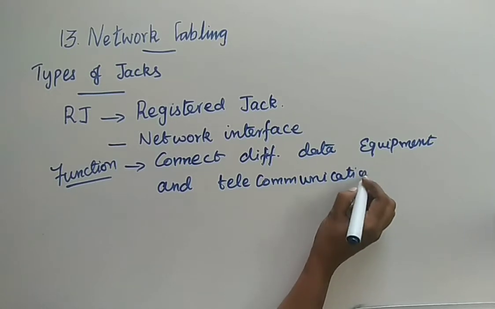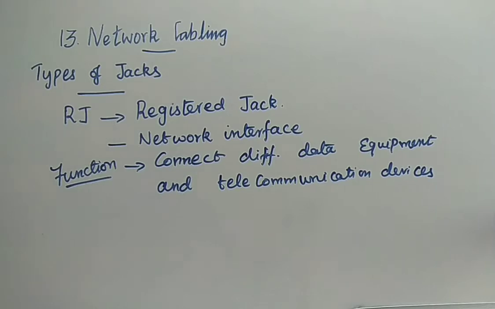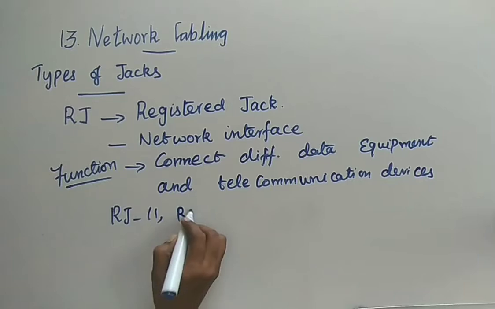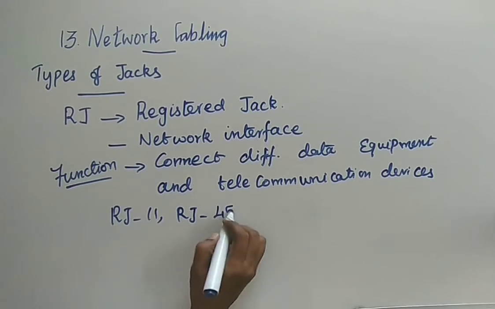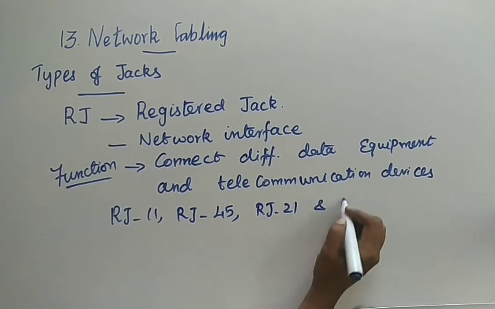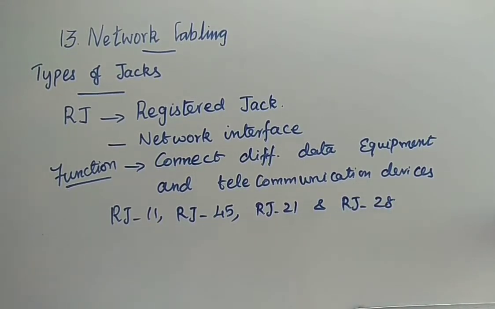So for the purpose of connection only, we are having your RJ, that is your registered jack. Here we are having the ones that you people are going to commonly use. The first one is RJ11, the next one is RJ45, then RJ21, and then RJ28. So these are the 4 RJs that we are commonly using.